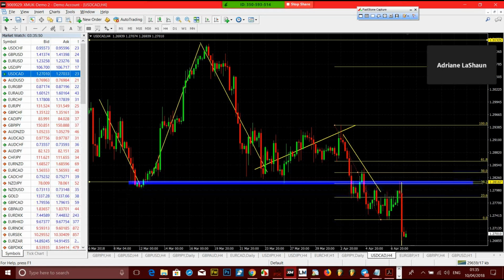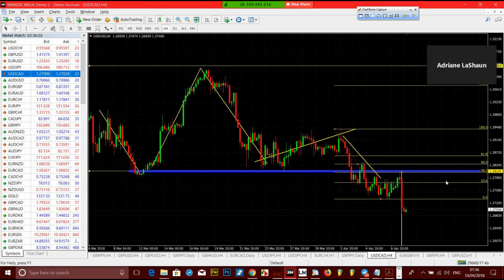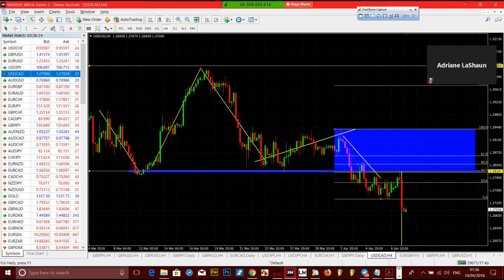You see what happened? It turned at a good structural level, which coincides with a 38 fib level. So now I'm expecting, if I was using the other Fibonacci, I should be looking at taking my profit at the, okay, if I do my measured trade from here down to my 38.